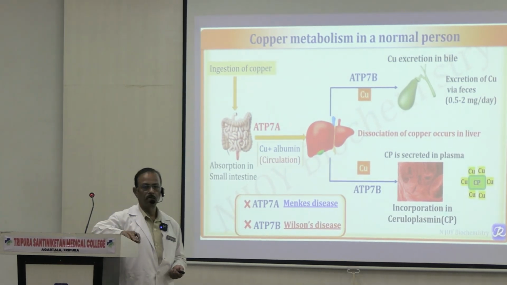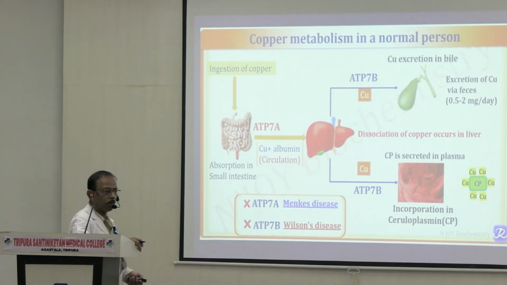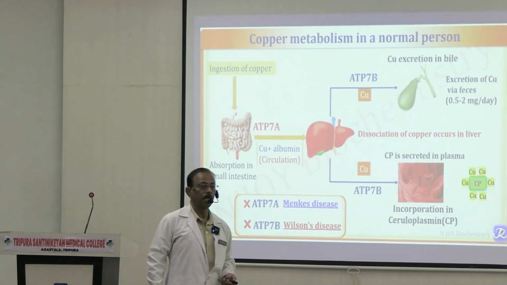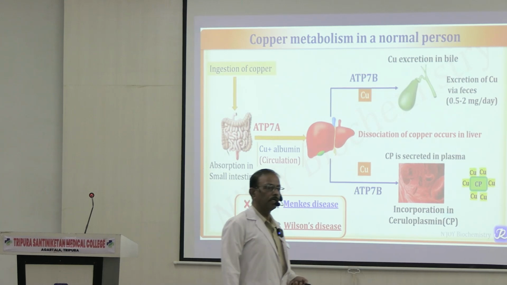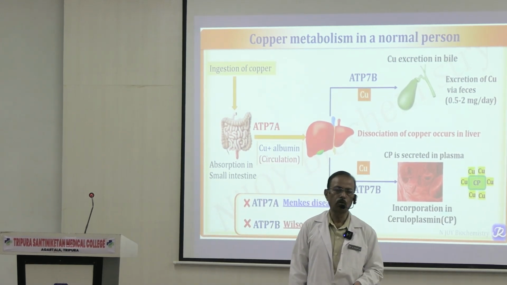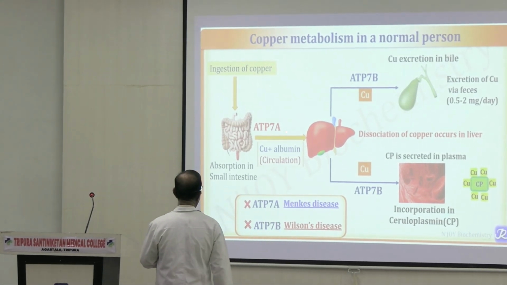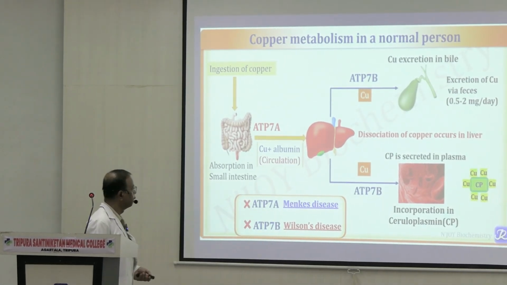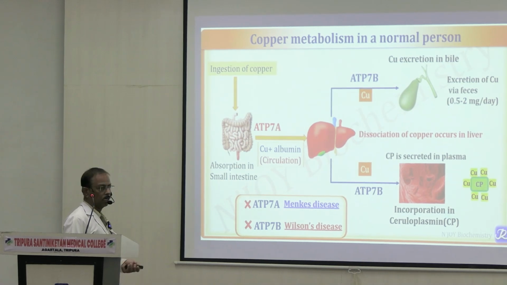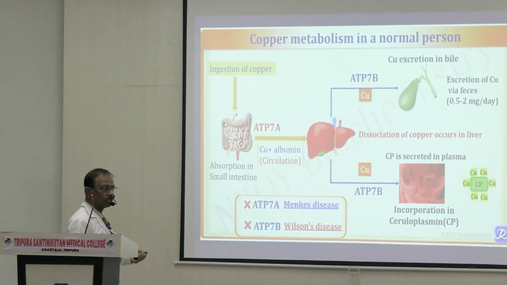The enterocyte has a copper carrying protein, copper binding ATPase, which is encoded by the gene ATP7A. Once absorbed, it is released into the circulation and binds with albumin.